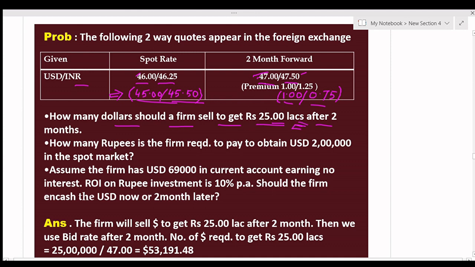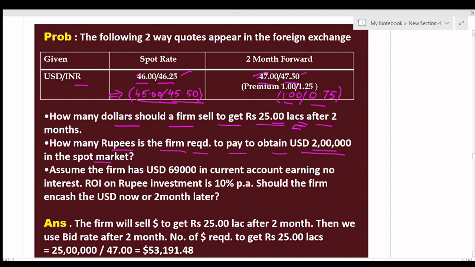How many rupees is the firm required to pay to obtain USD 2 lakh in the spot market? Here the firm wants to purchase USD 2 lakh at the spot market. So the bank will use the 46.25 ask rate, ask price, and multiply it with the USD 2 lakh. So you will get the desired result, that is the rupees required.